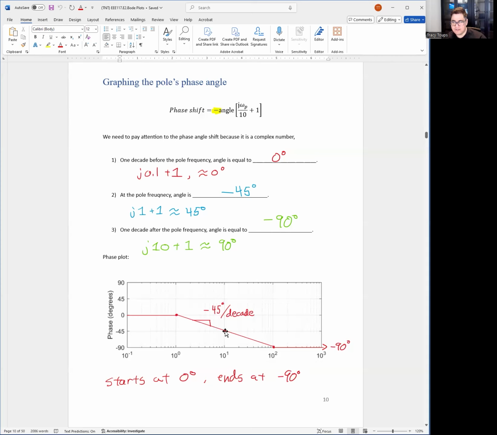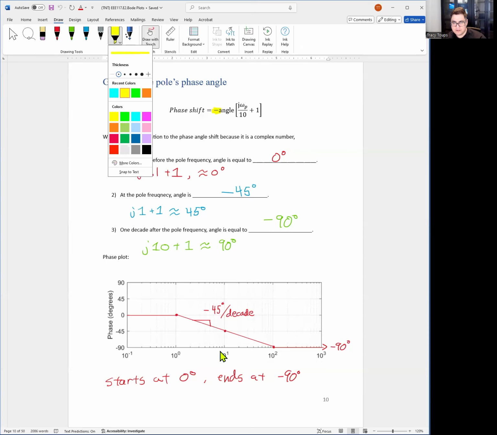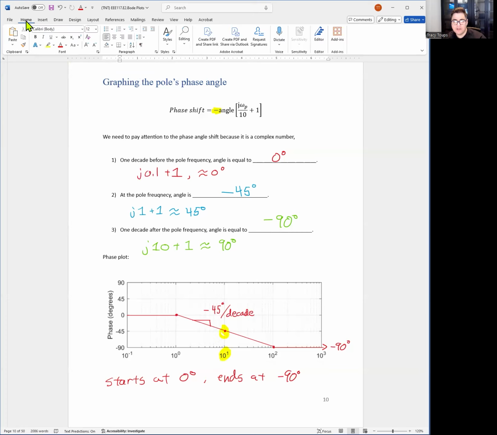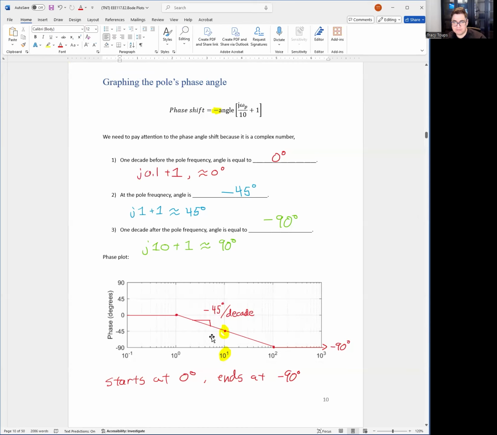So we're going to look at our pole. I'm going to draw it in, maybe to help out. At 10 right here, this is the definition of where our pole is. Okay. We're going to look a decade before and ask what happens.